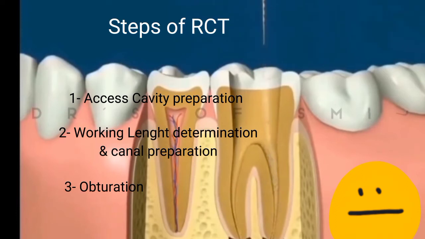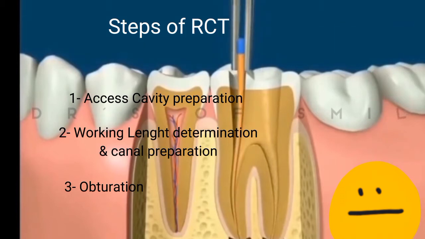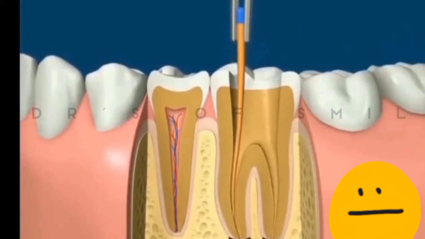The final step of RCT is obturation, which in simple words means that we fill the cleaned root canals with obturating or filling material. The basic aim of this step is to seal the orifice and the apex of the tooth.